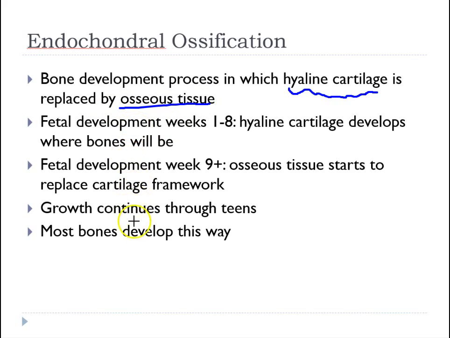We're going to have to do this in different steps, but fetal bone development begins somewhere around 8 weeks, and what will happen is osteoclast bones start to replace that cartilage. And then growth continues through the teens, through these specific growth plates that we'll talk about. And let's talk about how long bones develop.